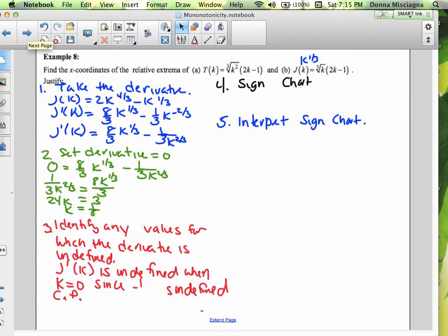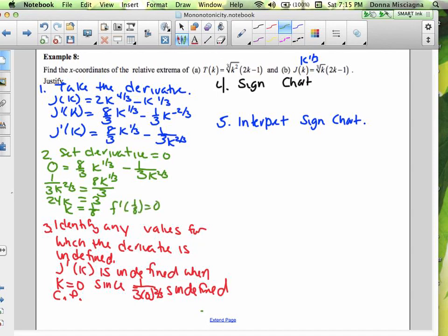All right, so let's analyze. We'll analyze our sign chart. We've got the two critical points. We have 1/8 is a critical point, right? Because f prime of 1/8 equals 0, and 0 is a critical point because it's undefined.